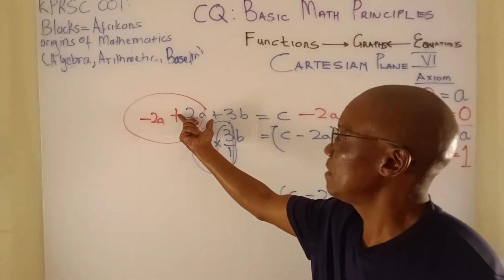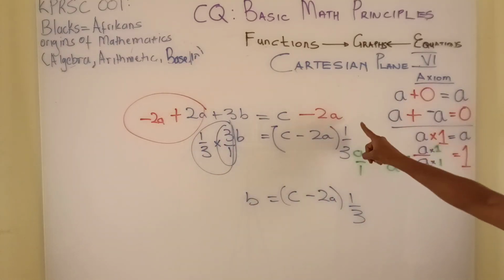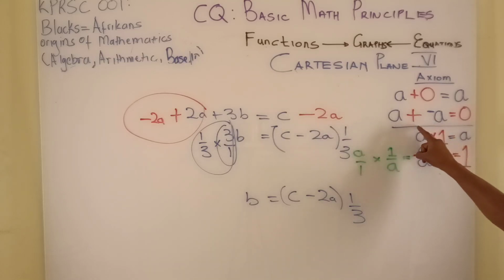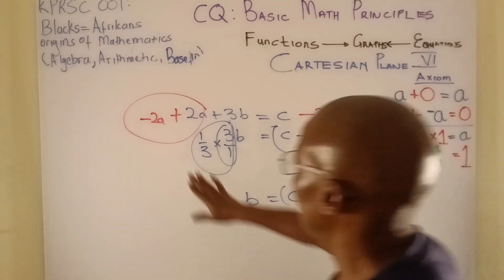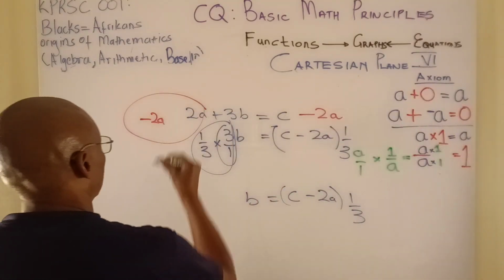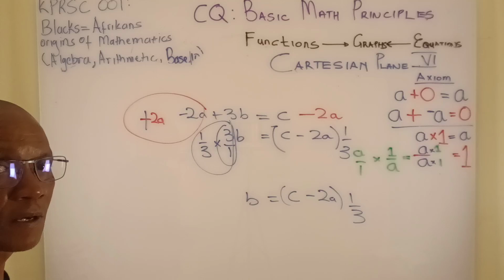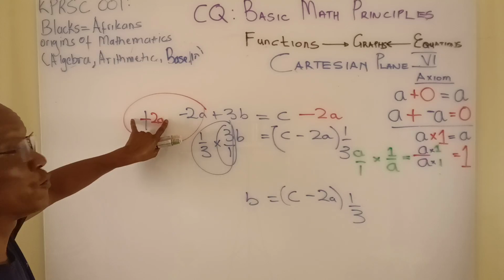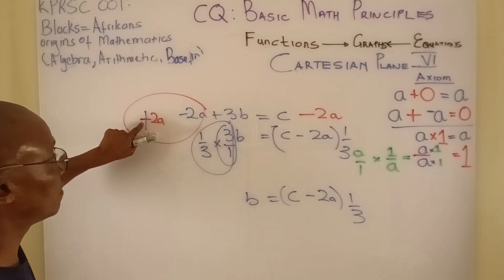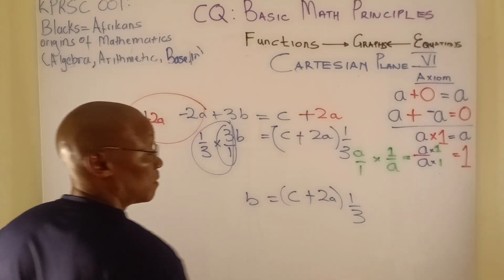The number was adding, because on the addition, to remove it, I must add its inverse. If it was subtracting, I will add its inverse, because the inverse of 2a is plus 2a. Changes the sign. But that means I have to do this now.